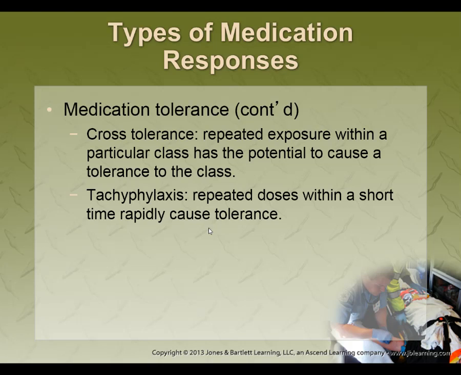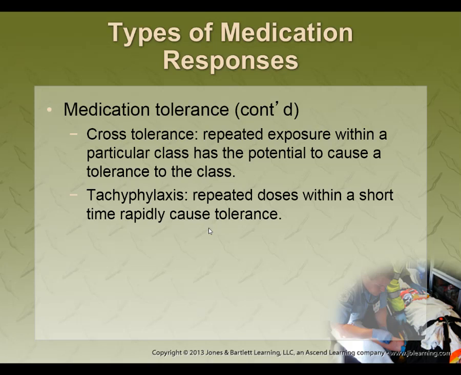And tachyphylaxis, remember this term. Tachyphylaxis is repeated doses within a short period of time that cause a rapid intolerance. We think about that with cancer patients, especially people with later stages of cancer that experience intense pain, especially once it metastasizes to the bone. You may increase their dose of pain medication as a medical professional.